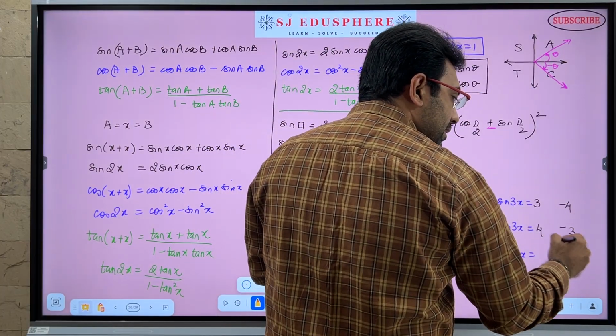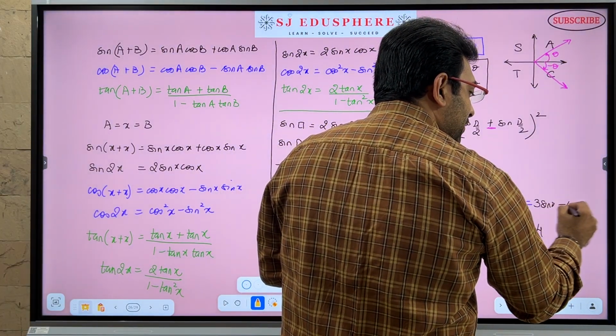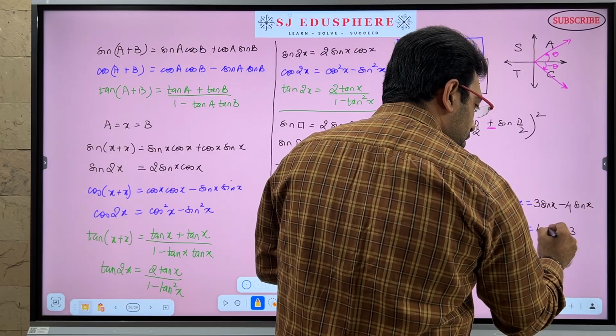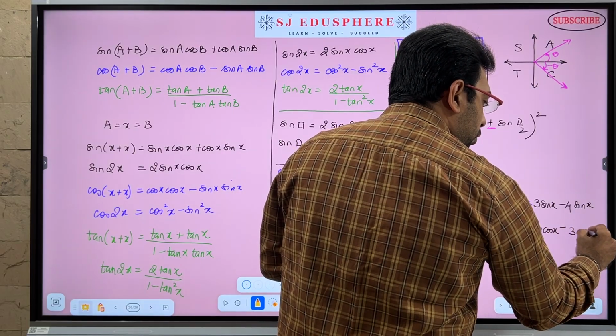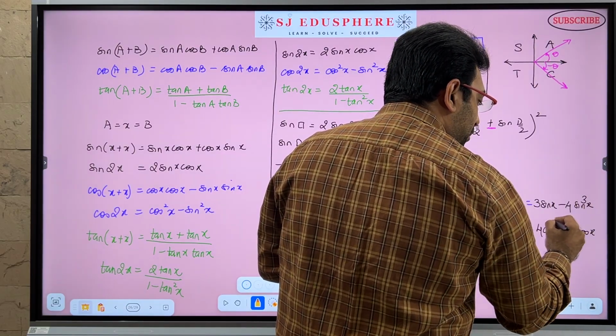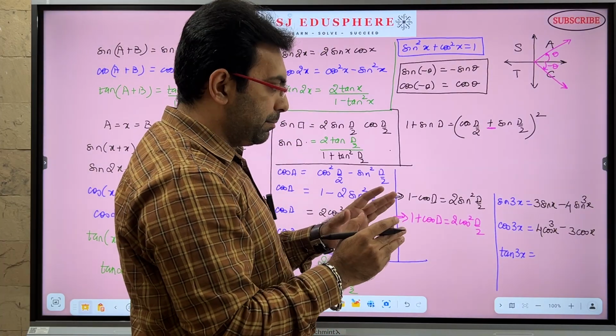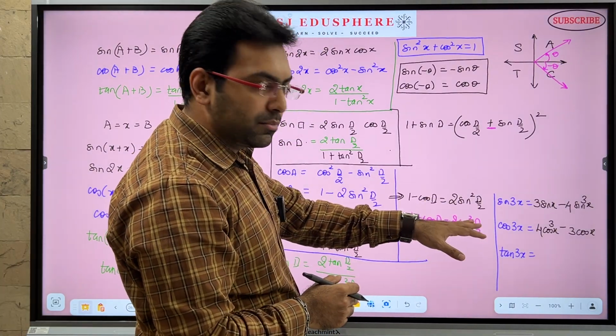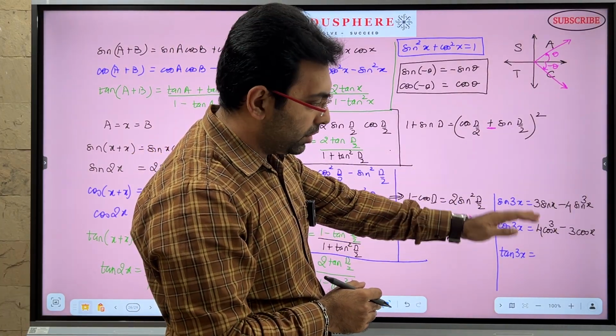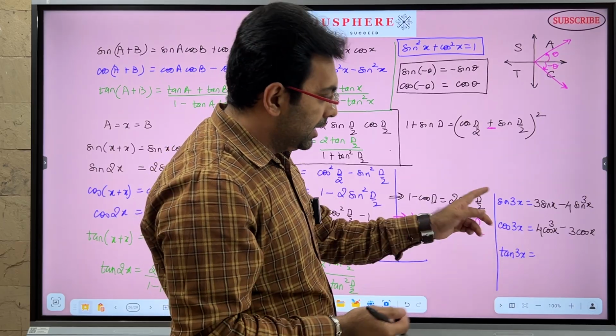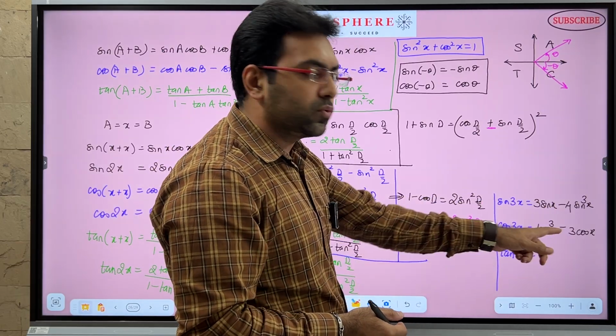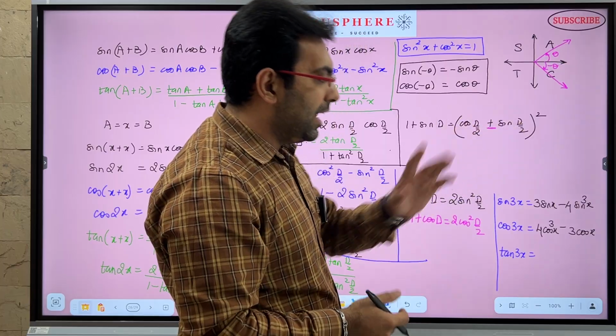Both will have a minus. Sine will have only sine. Cos will have only cos. 4 ka power 3. I repeat, first comes sine, then comes cos. First comes 34, then comes 43 numerically. Sine will have only sine, cos will have only cos. Both will have minus.